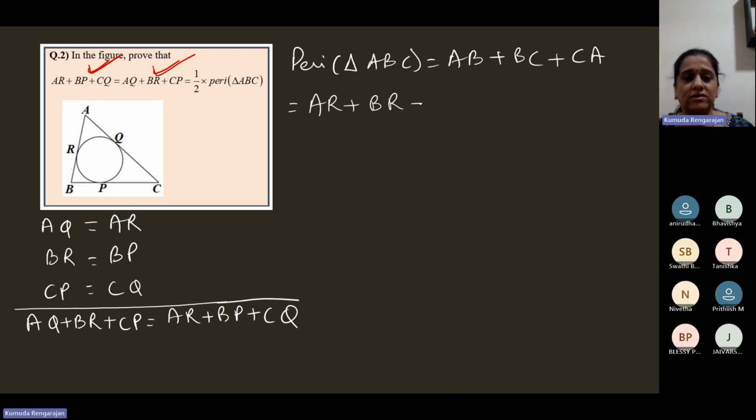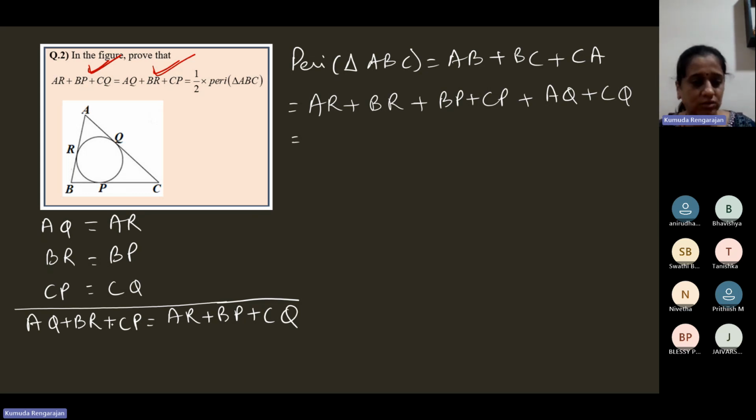What is BC equal to? BP plus CP. And what is CA equal to? AQ plus CQ. This is not tangents from an external point of the circle being equal. AB is made up of AR and BR. AB is equal to AR plus BR. BC is equal to BP plus CP. And AC is equal to AQ plus CQ.